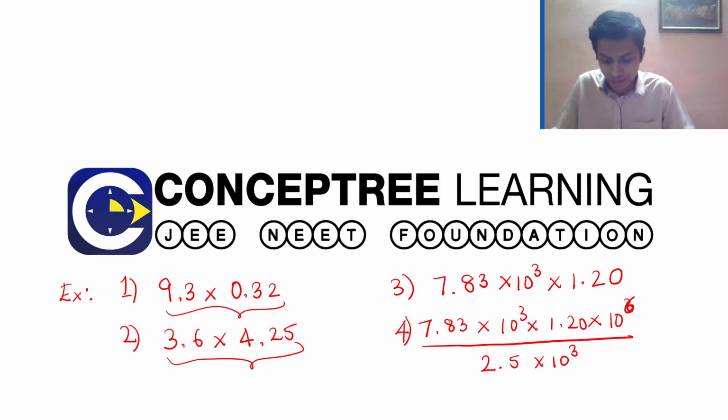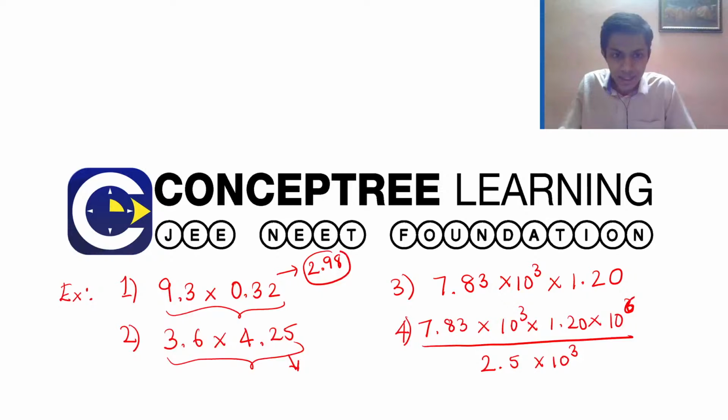Others can also answer. Videshwi said this is 2.98 and this is... okay, no, that's not what I was saying. I was saying this has to be rounded off to minimum significant figures.